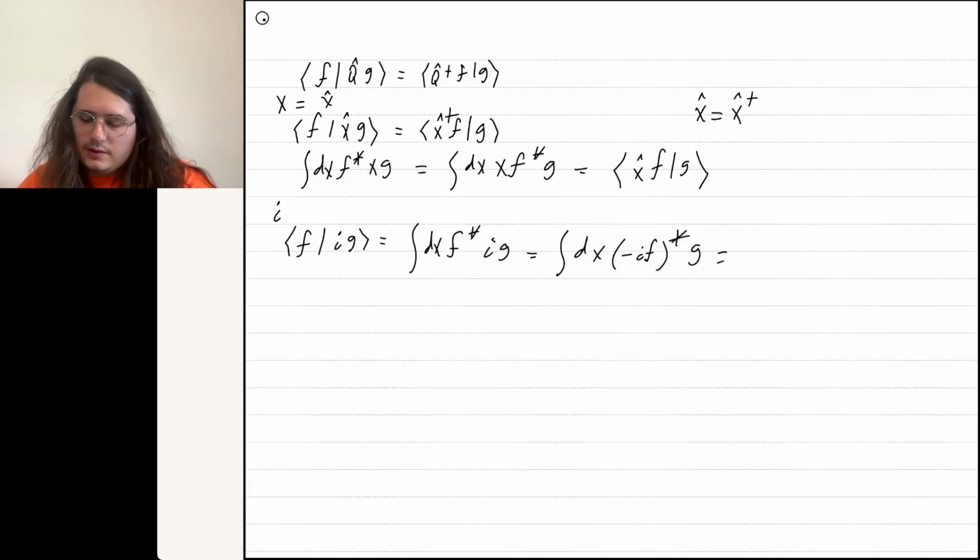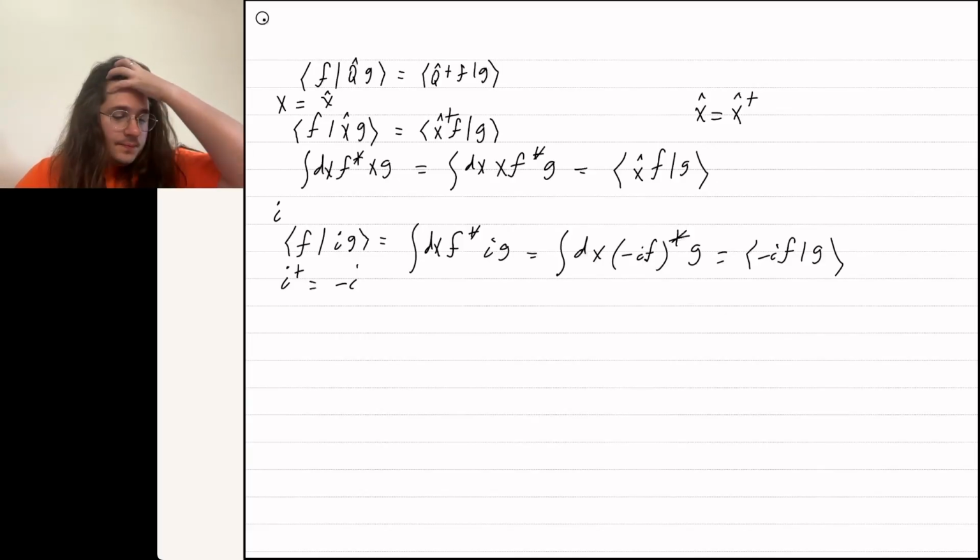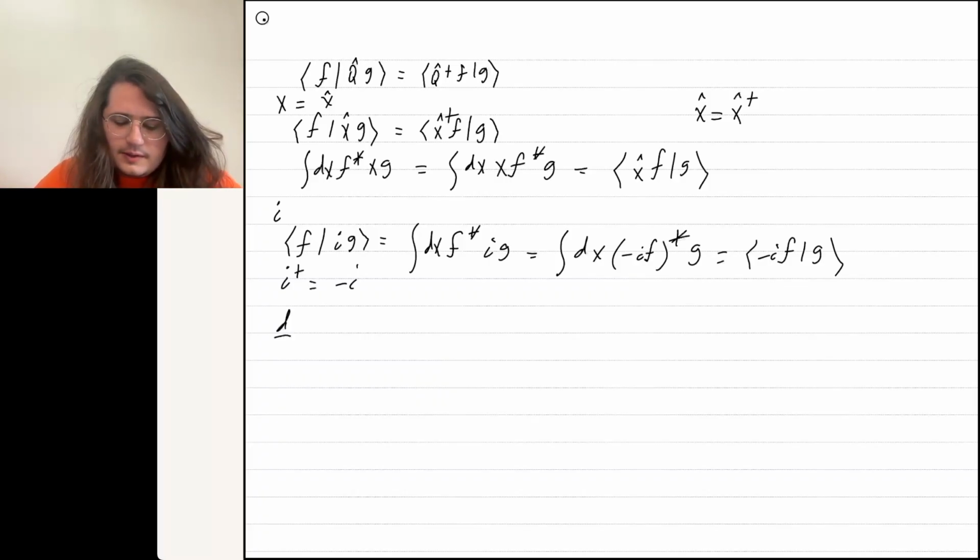And then you can just write that as minus i acting on f with g, which just goes to show you that the Hermitian conjugate of i is minus i, which you kind of should have figured out given that the Hermitian conjugate is just complex conjugation plus transposing. So if i was just a matrix, you would just switch the sign on the matrix and you get the same thing, right?